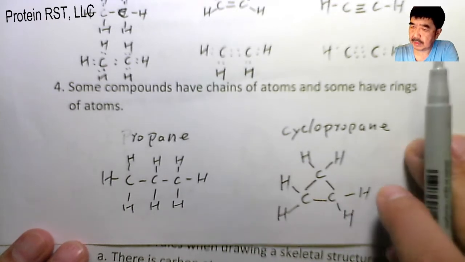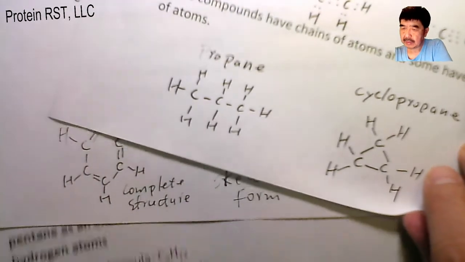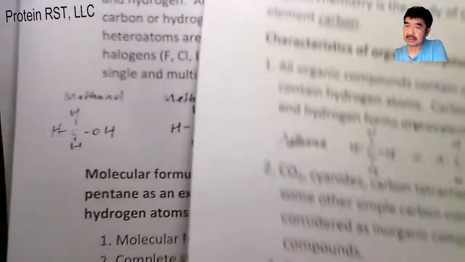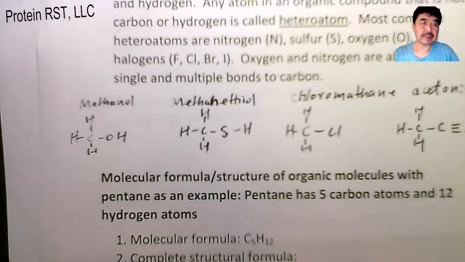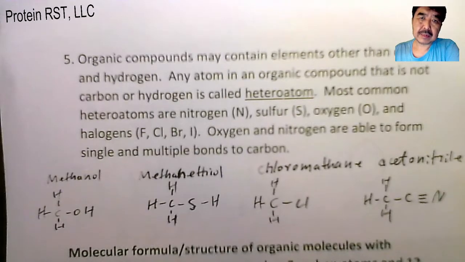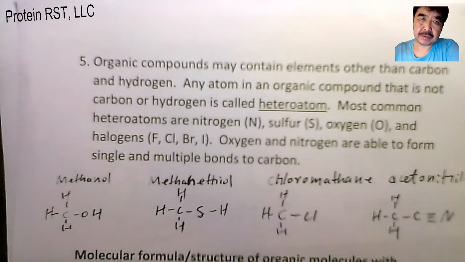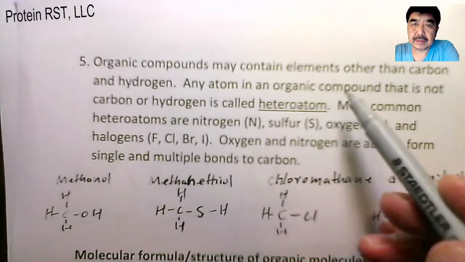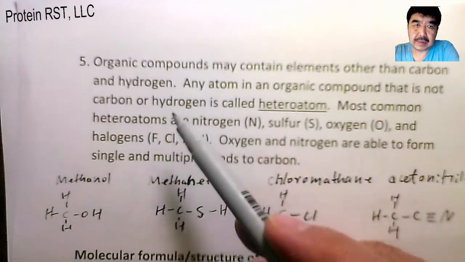The next characteristic we talk about is that some organic compounds may contain elements other than carbon and hydrogen.